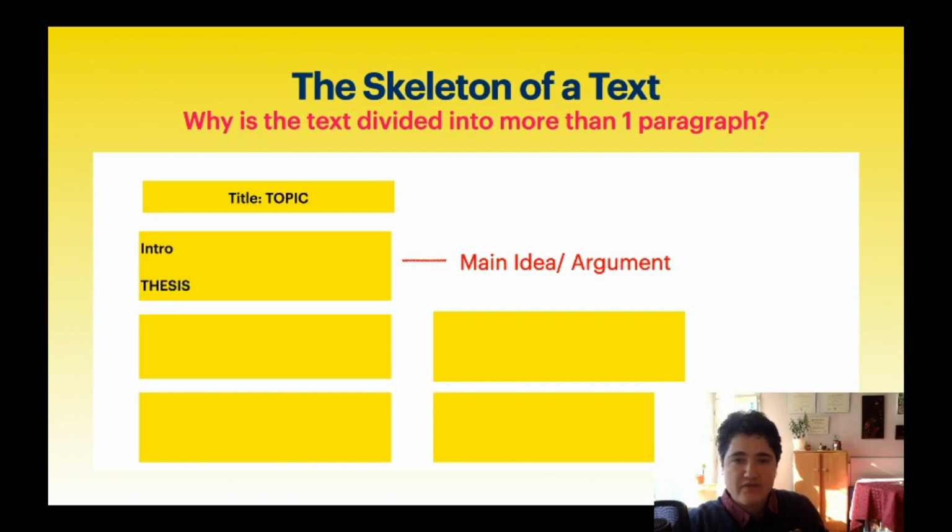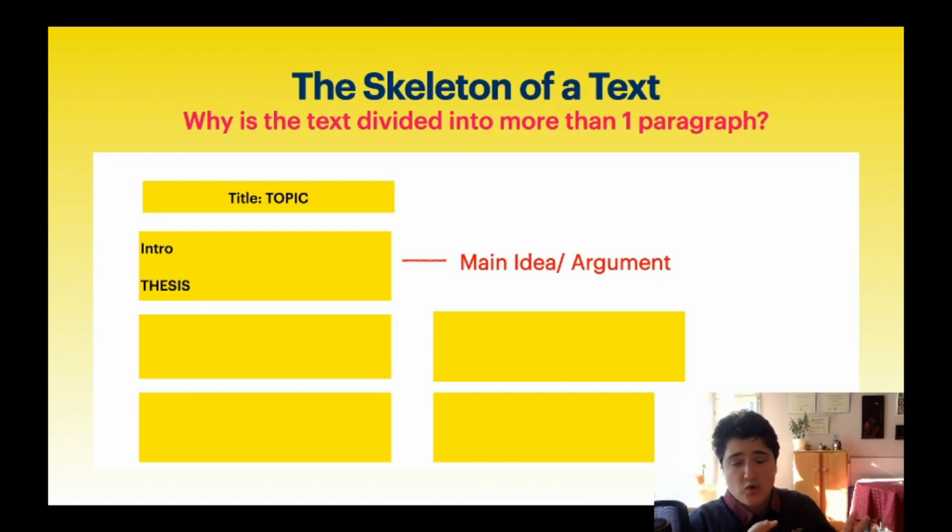And it needs to be developed in a certain logical way that will make sense to you as a reader, okay? There are different ways, and the author has freedom in choosing how to develop the argument.